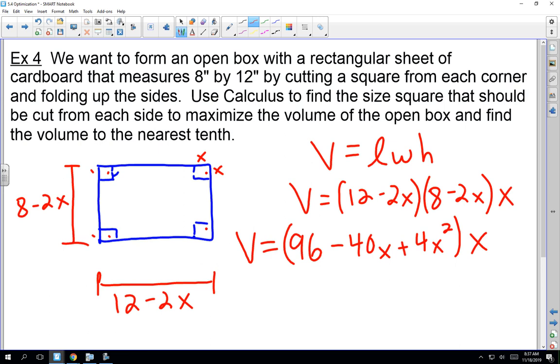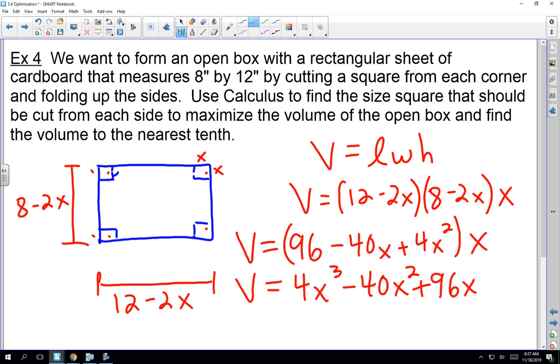When I distribute the x, I'll have the following cubic. Let's turn it around here. So 4x cubed minus 40x squared plus 96x. There's my volume equation. It's a nice cubic polynomial.